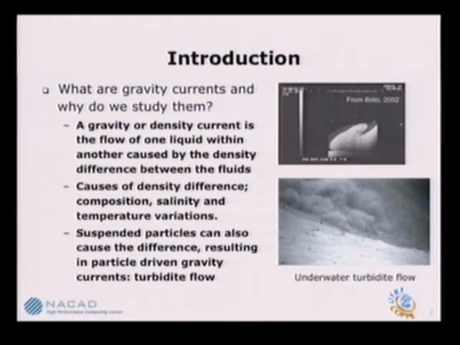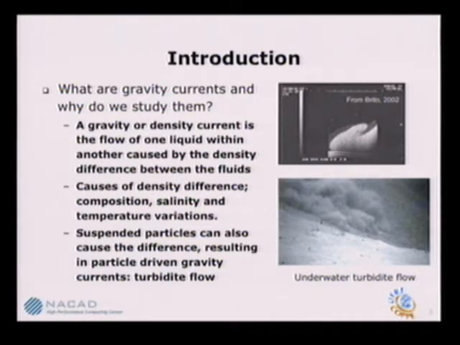What are gravity currents and why do we study them? This picture shows an actual experiment of a sediment gravity current in a lock exchange from Brito, done at the university here in Brazil. A gravity density current is a flow of one fluid within another, caused by the density difference between the two fluids.